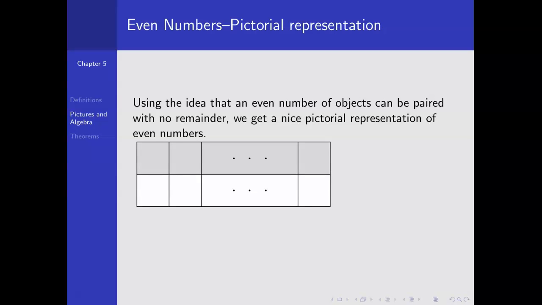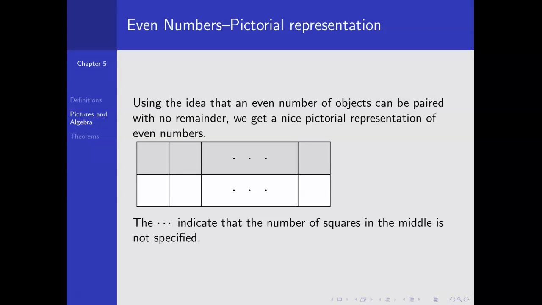And you could draw something like this on your page to fill in the blank on your handout. The dot, dot, dot there indicate that the number of squares in the middle is not specified. So this represents just an arbitrary, unknown even number, but it is an even number. And we can see that we have everything paired up. That's why I use the two different colors here, because we have a gray and a white paired up all the way along.